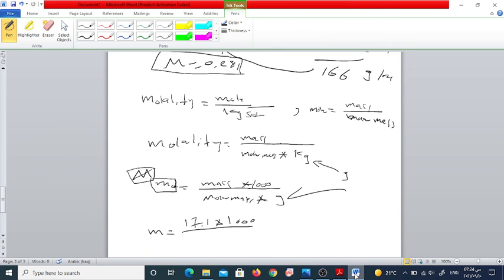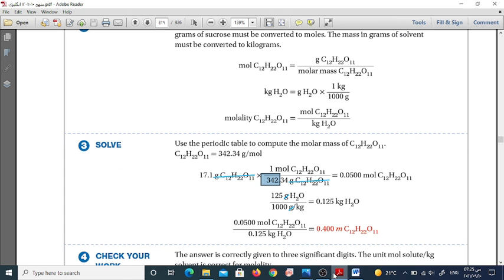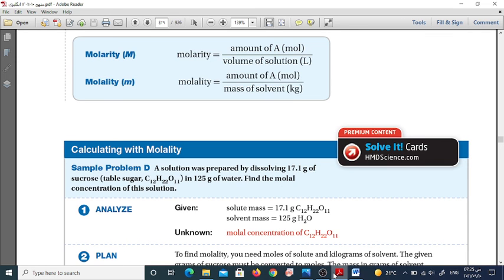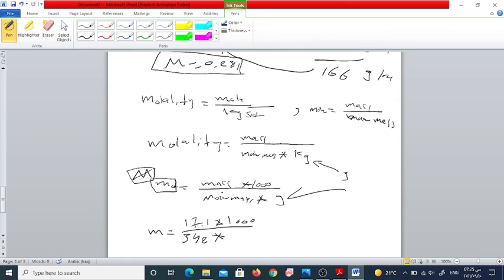Here I have 342 as a molar mass times how many grams I have of solvent. I have 125. I put here 125.